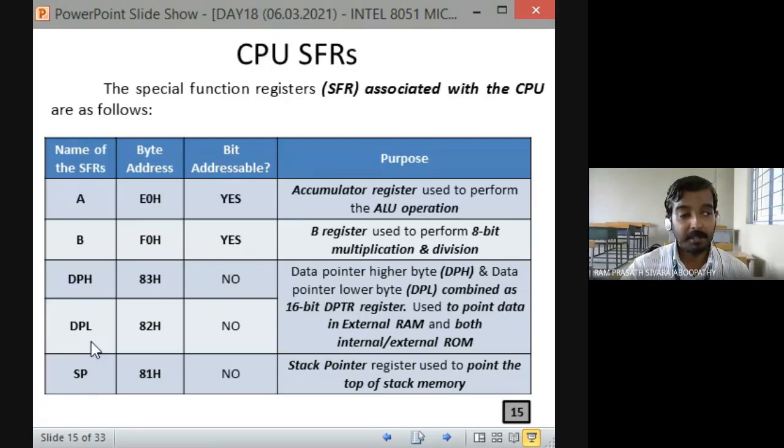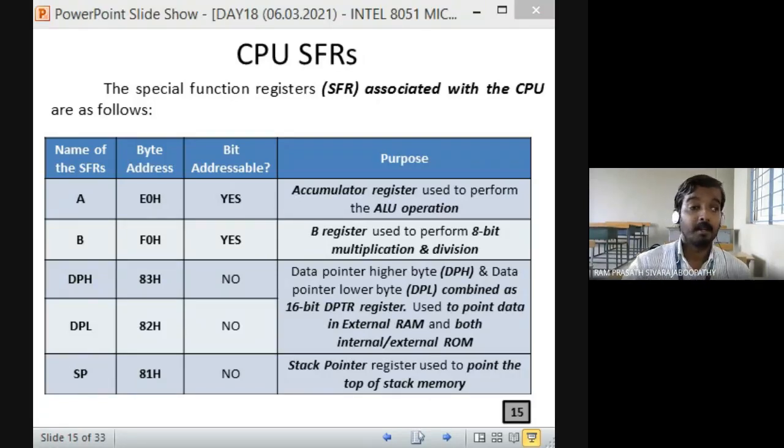Then DPH, DPL. Combinedly, it is termed as DPTR, data pointer register. So the higher byte is DPH, lower byte is DPL. Combining DPH and DPL, how many bits we can have?